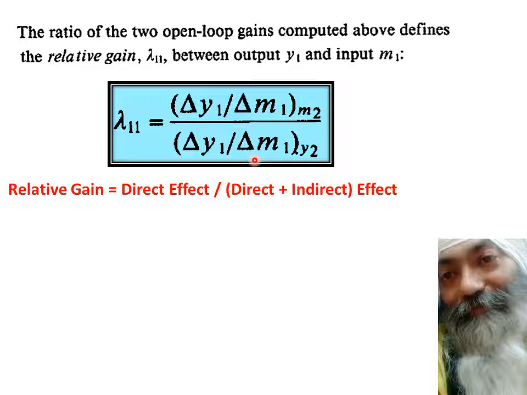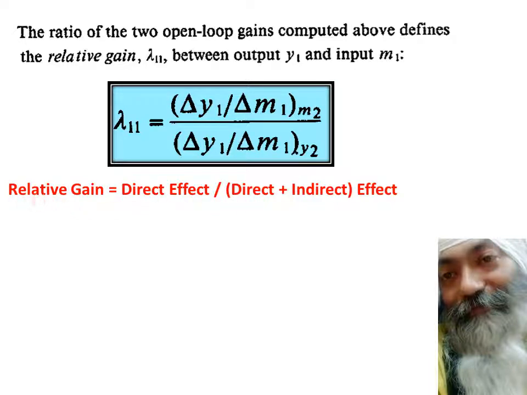Once this thing is clear, that more is interaction, more is the indirect effect, and this indirect effect is getting added to the direct effect in the denominator, and that gives me the relative gain.